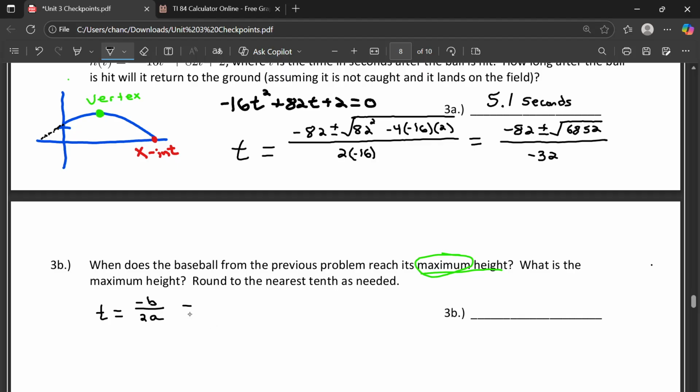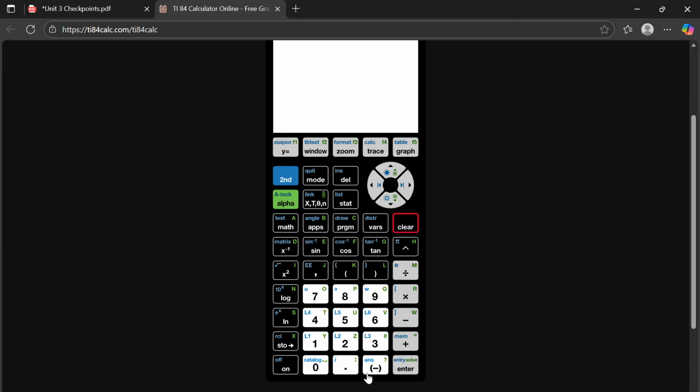So negative b over 2a is going to be negative 82 over 2 times negative 16. Okay, I'll have the calculator help me. That is going to be negative 82 divided by negative 32 because 2 times 16 is 32.